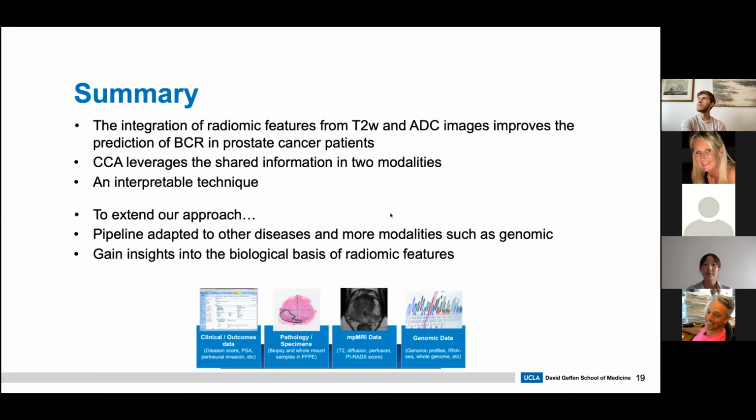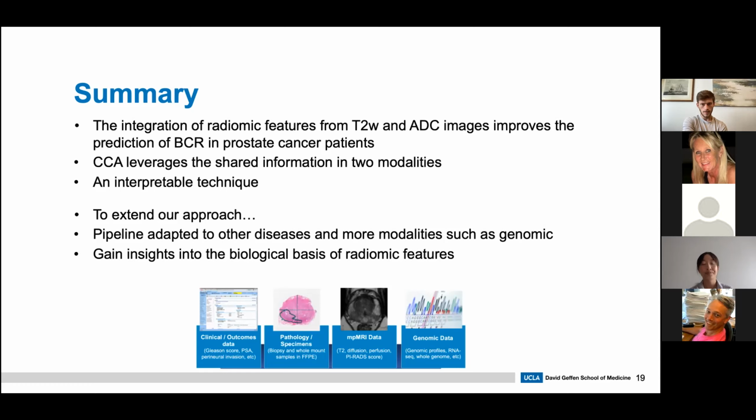In our specific study, we found that integrating radiomic features from T2 and ADC images improves the model prediction of biochemical recurrence in prostate cancer patients. The technique we used, CCA, can leverage the mutual information in those 2 modalities, and it's also an interpretable technique.